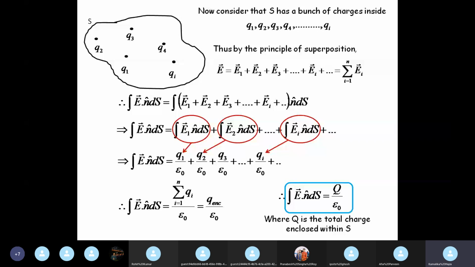You cannot stop at the proof for a single charge. If it is said that there is a single charge, then you can stop there. But if it is a general question, then you have to give the proof for the total enclosed charge. And this is how you will come to the conclusion. Is it clear to everybody? Is this much clear to everybody?